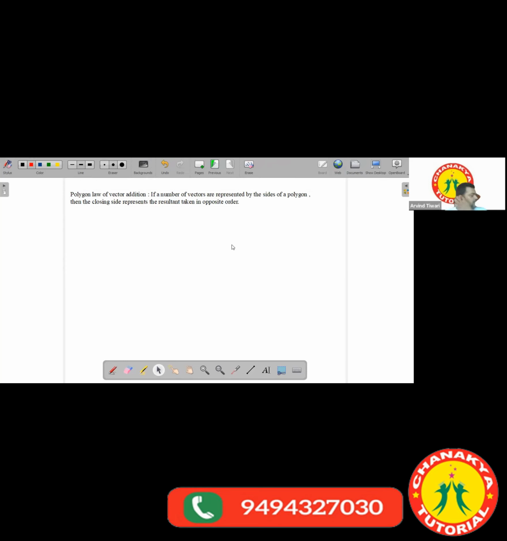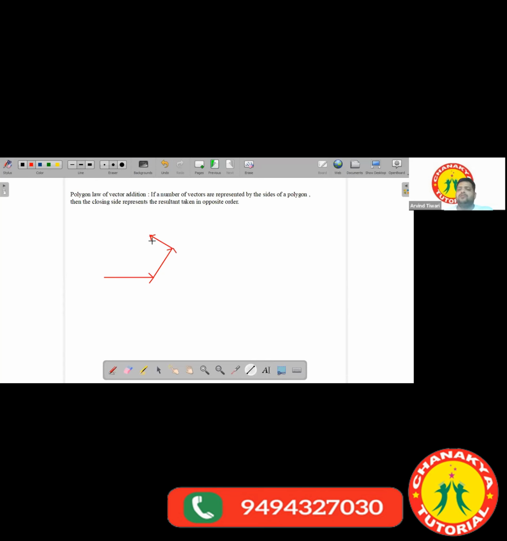Okay. So see what it means. Suppose in the previous one, I had to add three vectors, right? So if you want to add three vectors, represent the three vectors by the sides of a polygon. If I represent them like this, by the three sides of a polygon, then the resultant would be represented by the closing side.